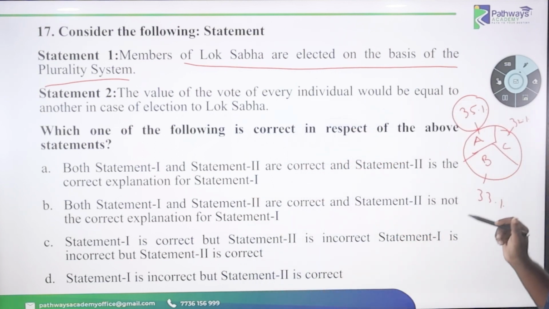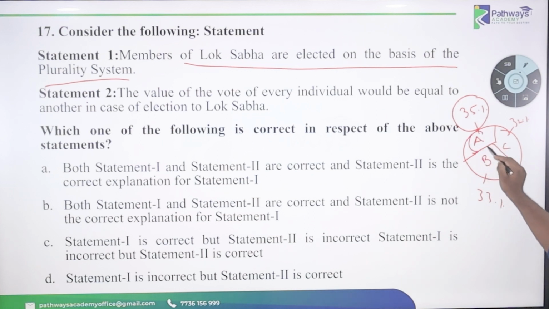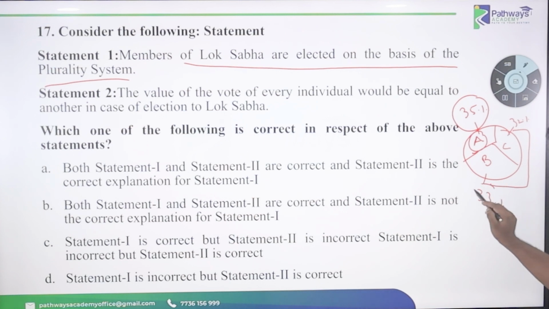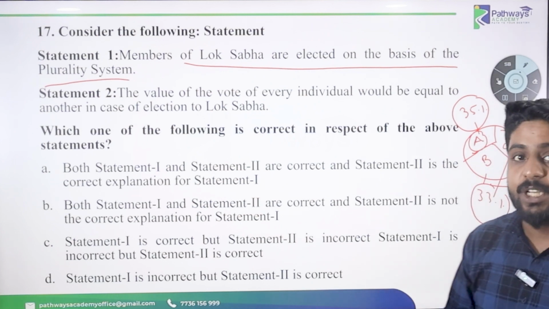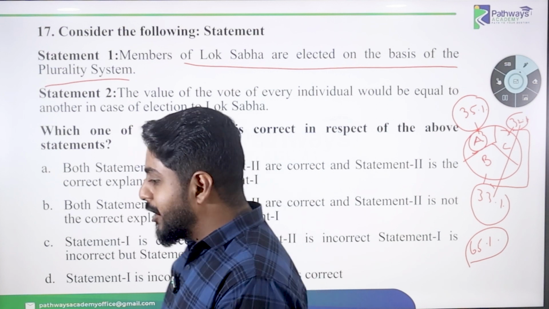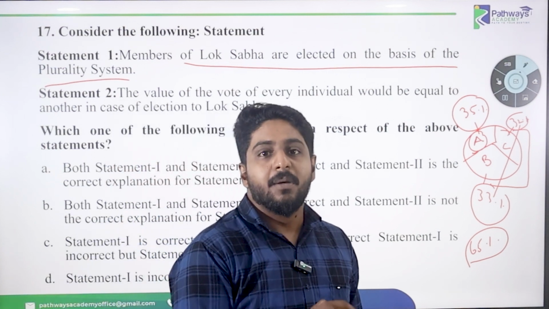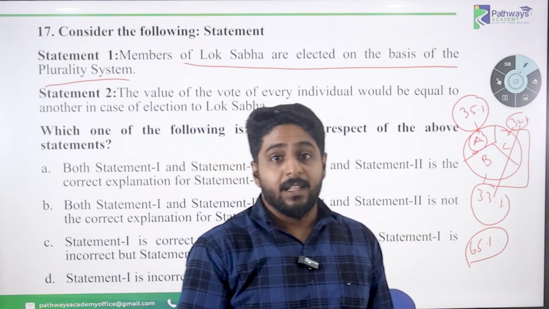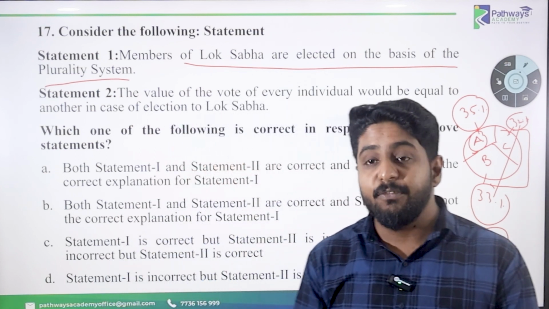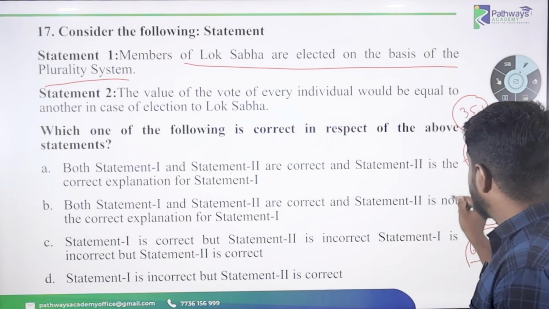But if you count the votes against candidate A, that is 32 plus 33, 65% of the members say that A is not our option. Only 35% say A is our option. This system is known as FPTP, the first past the post system.